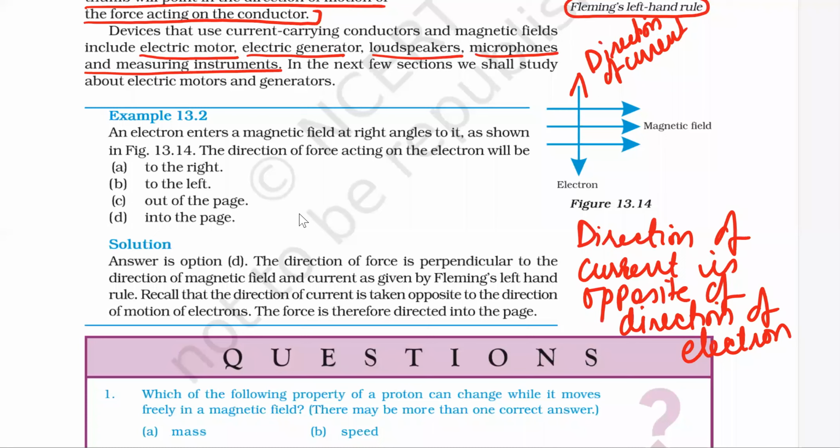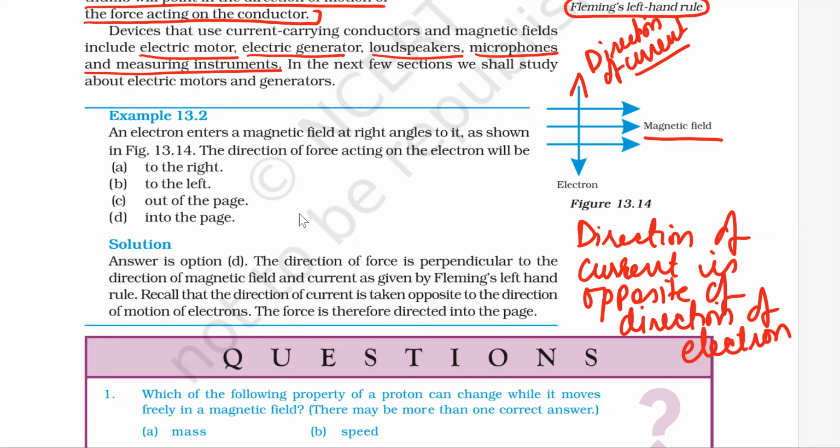Now, an electron enters a magnetic field at right angle to it as shown in the figure. Direction of force acting on the electron will be? So we are given current, we are given direction of magnetic field, and we have to find the direction of force acting on the conductor.